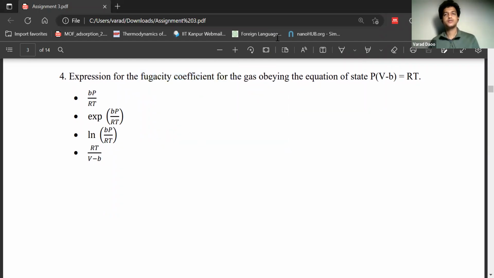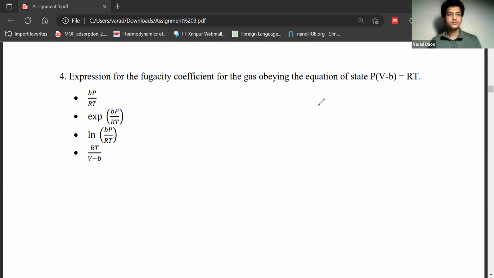What is the definition? I'll give you 2 minutes. It's a very straightforward question. You just have to understand what is fugacity coefficient, then put it in the formula, this equation of state, and you'll be able to get it. Okay, anybody got it?